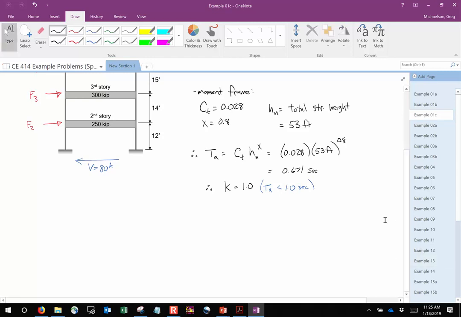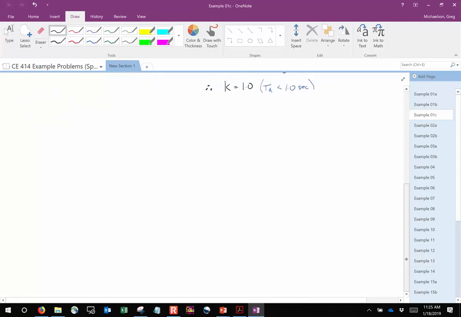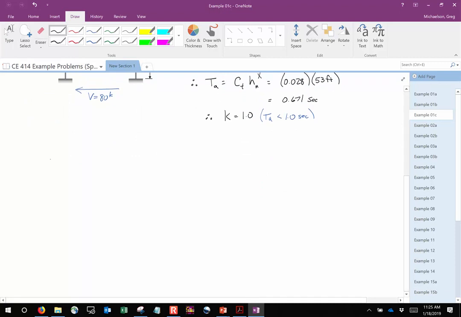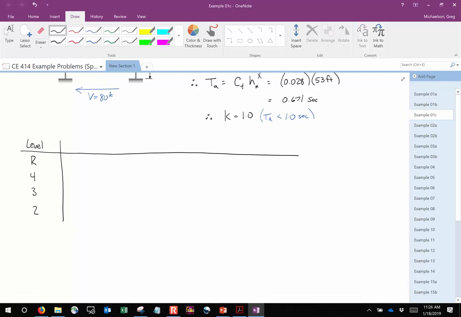The way I like to do this is I like to break this up in a table. The first thing I will list is the level. I tend to work from the top down, so I actually put the roof first, then the fourth story, the third story, and the second story.